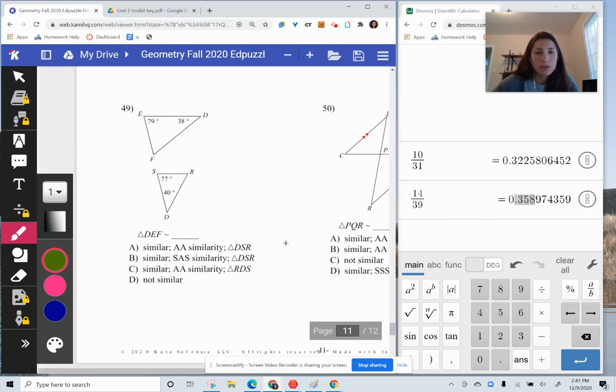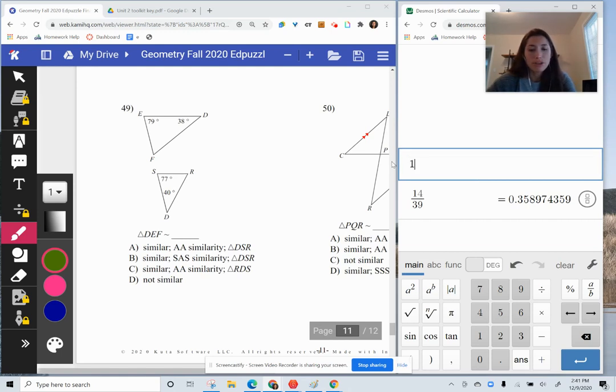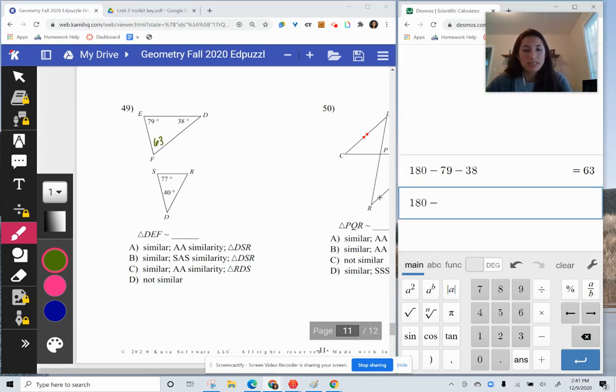And then here we can use some triangle sum theorem to figure out our missing angles. So remember, a triangle is 180 degrees. If I subtract 79 and 38, we're going to get 63 for this missing angle. And then if I take 180 and subtract 77 and 40, we're going to get 63 for this angle here.